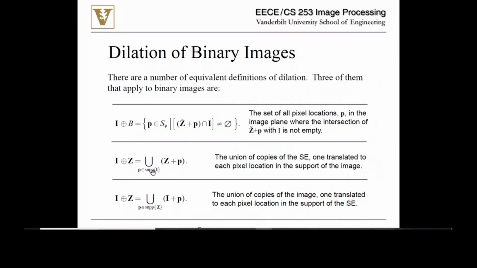Let's look at the first one. You take the kernel and you displace it to all the pixels in the support of the image. The support of the image is all those locations where the image is different from zero. And you displace your kernel to that location.